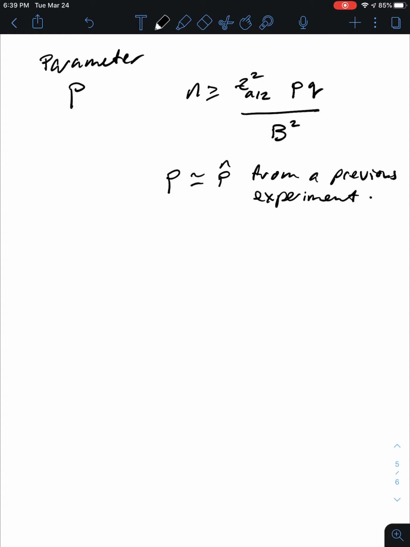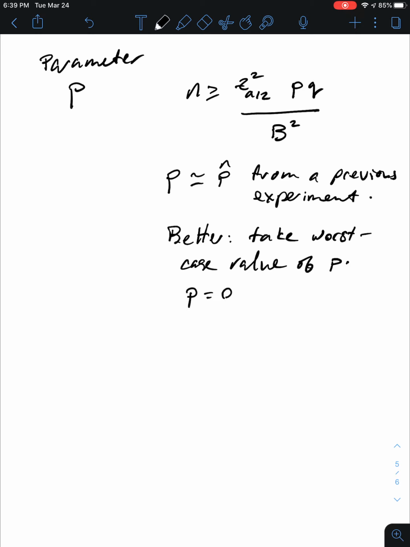But the preferred way, I think, the method that is usually used, is to take the worst case value of p. And that is p equal to 0.5. And that means q is also 0.5 because p plus q has to be 1.